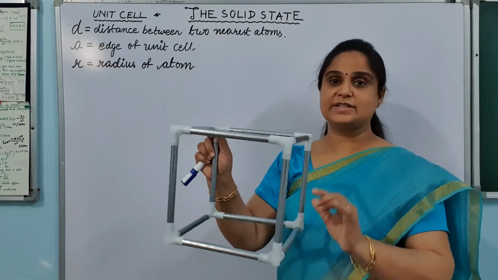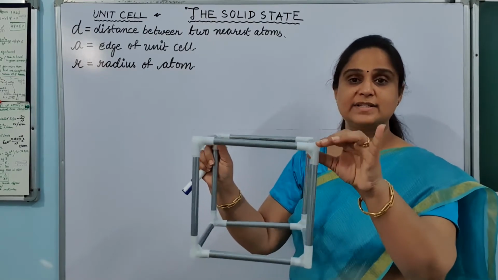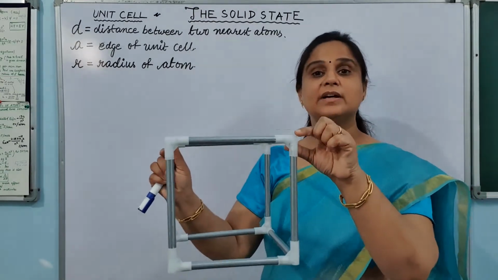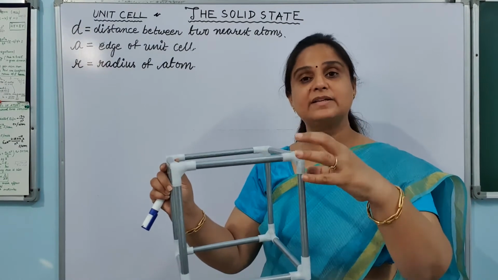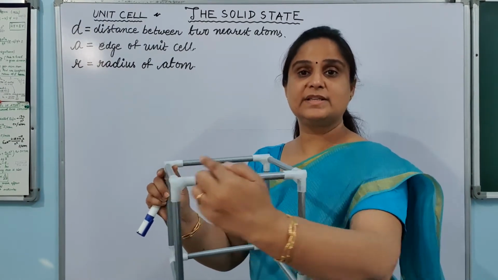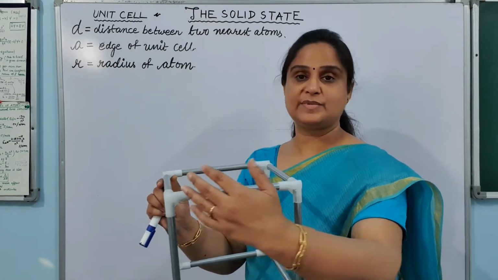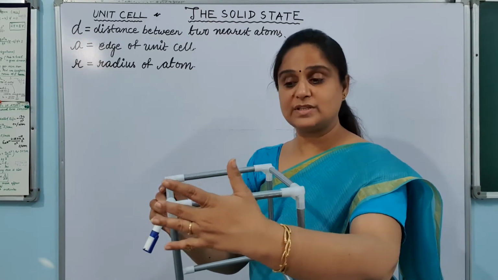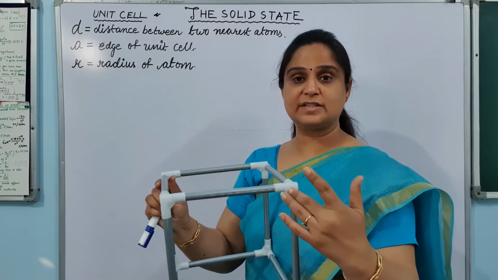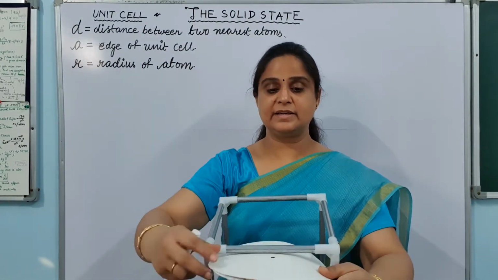In this cubic unit cell, these white connections you can see here show the points where the atoms are existing, and this distance is showing the distance between the two atoms. These are very near atoms, so this is the distance between the nearest atoms, because these atoms are connected this way.